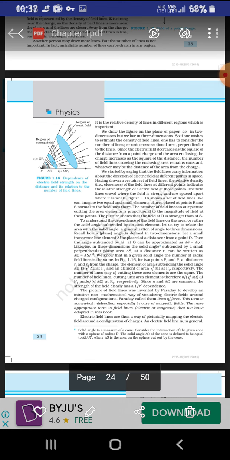Here is the diagram they have given. To understand the dependency of the electric field lines on the area, or rather the solid angle, let us try to relate the area with a solid angle.